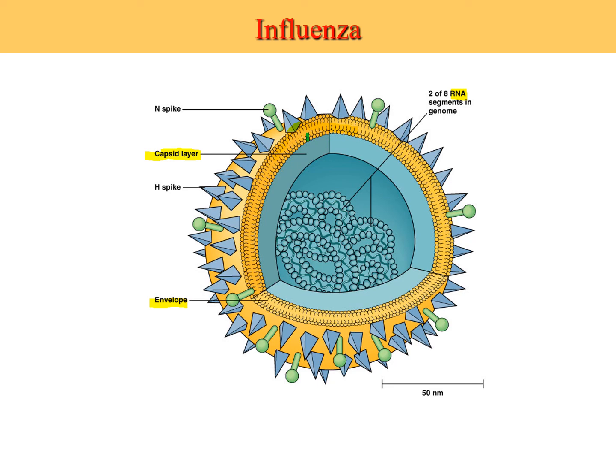It's originally derived from the infected cell that this virus came out of, and embedded in it, on the surface of the envelope, are the viral proteins, the N neuraminidase protein and the H hemagglutinin protein. They're often called spikes because they appear in electron micrographs as spikes projecting outwards.